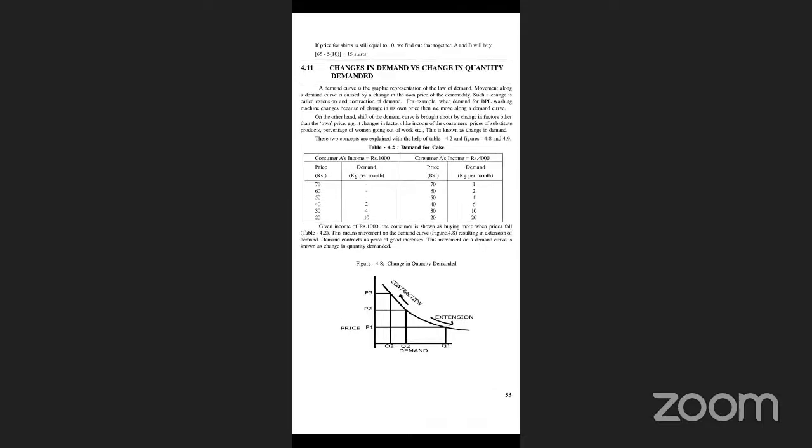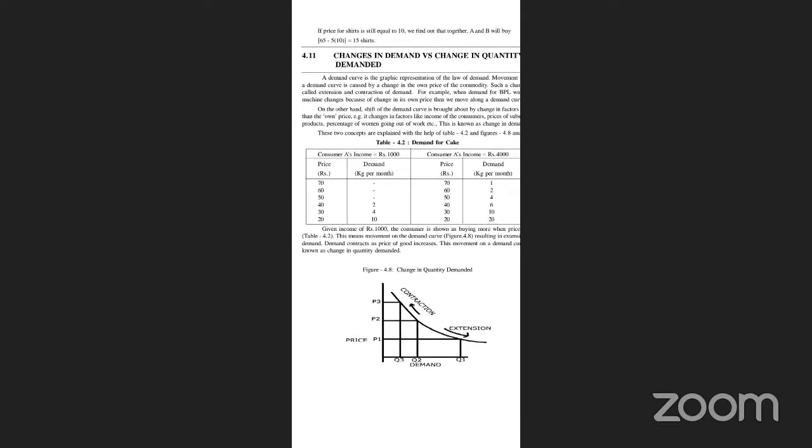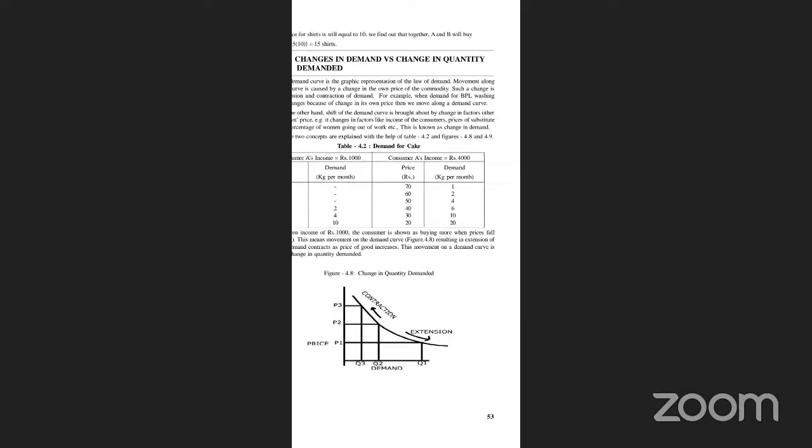If A's income stands at 1,000 rupees, at what price, how much he is able to demand is given. On the contrary, if the salary income is 4,000, then the price and demand is also given.